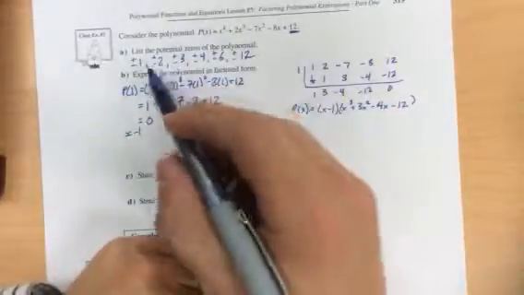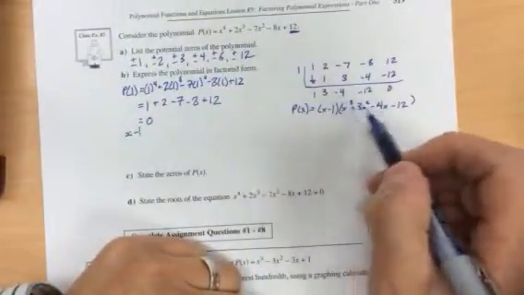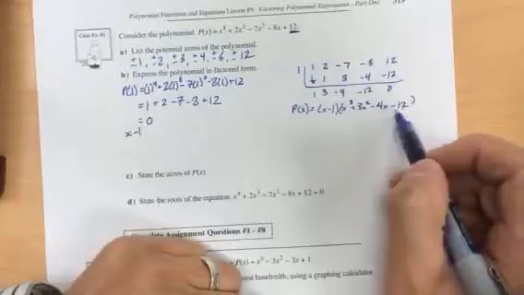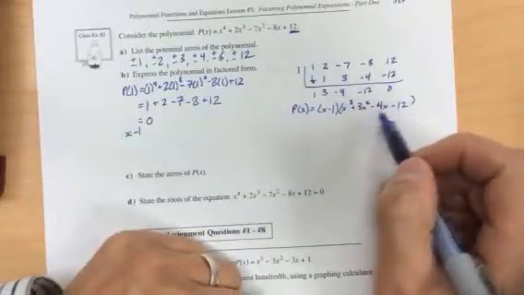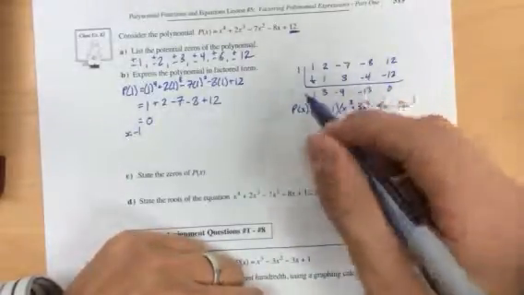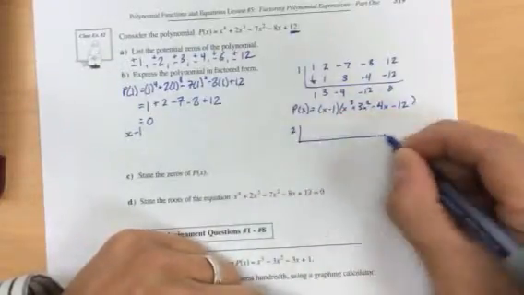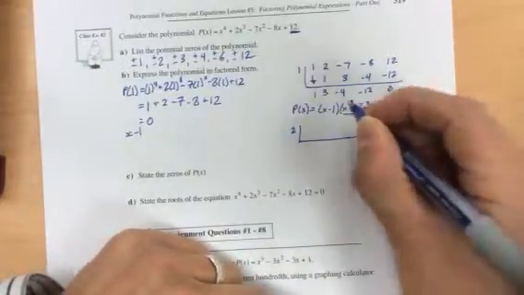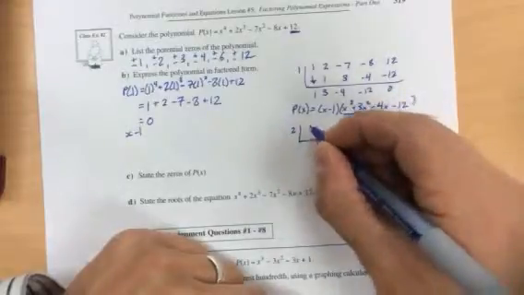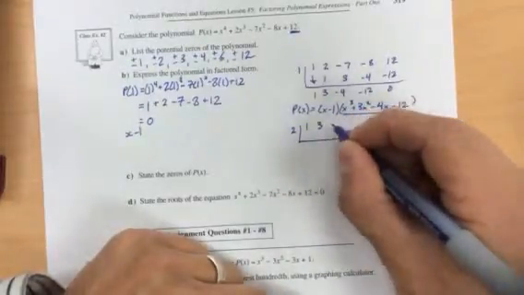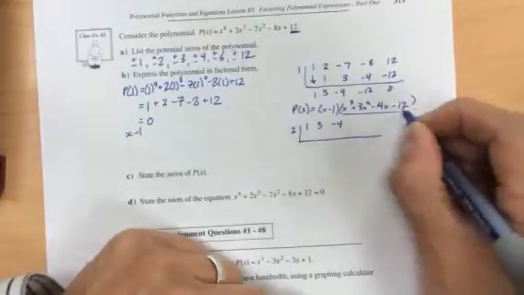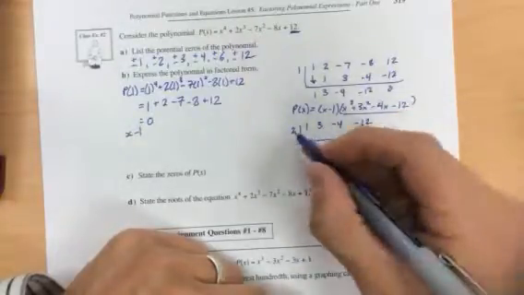And the reason we try 2 is if 1 comes out evenly, 2 might also come out evenly with our constant term of negative 12 and negative 4x. And so I'm going to try that again with synthetic division, but using this term as what I'm dividing out. So I'm going to be left with 1, 3, negative 4, and negative 12.